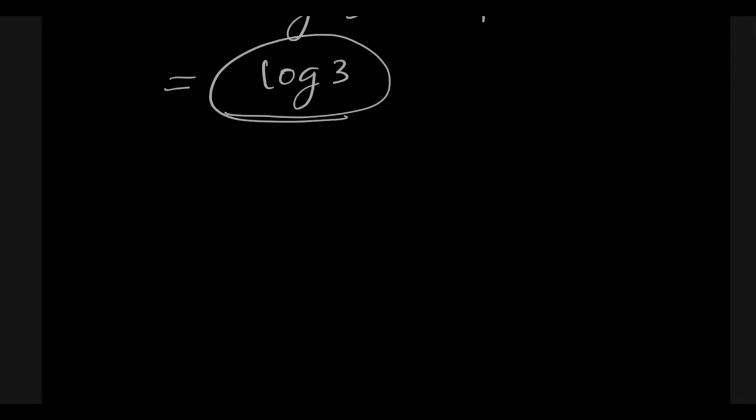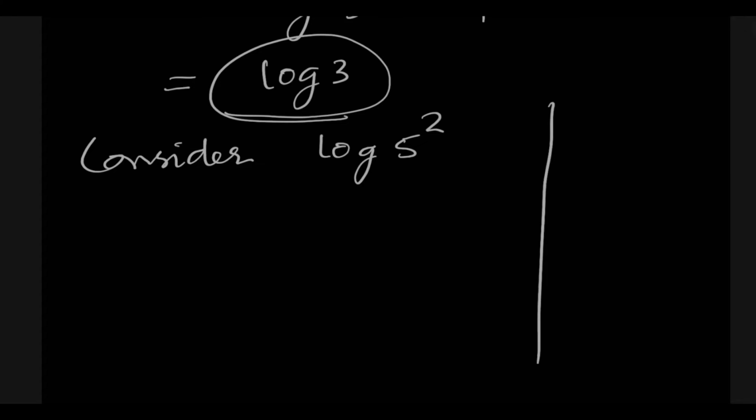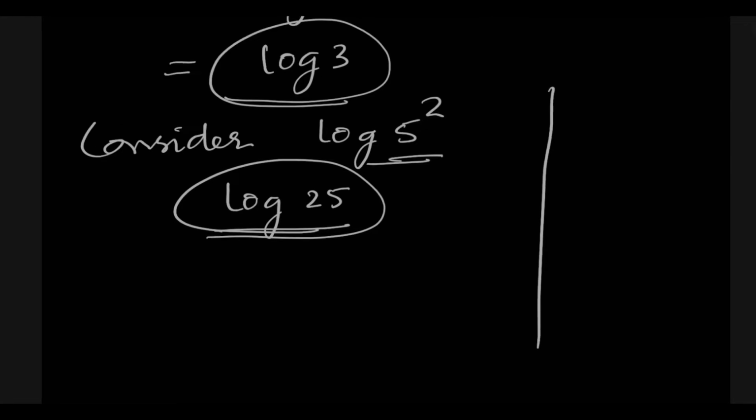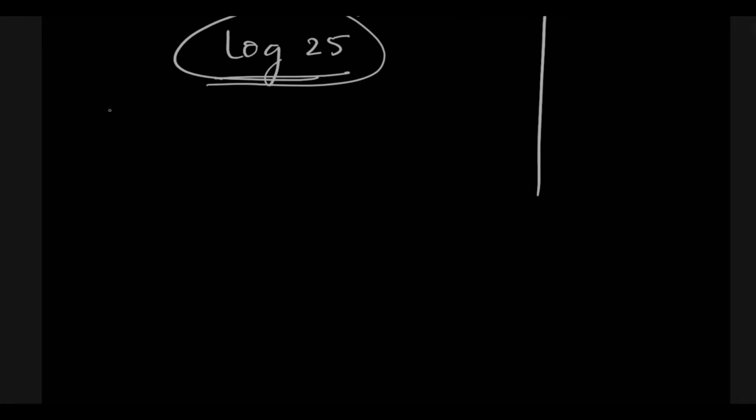Now let us consider the third term. What was the third term? It is 2 log 5, which is log 5 square. Again, 5 square can be written as 25, so let us take it as log 25. Now let us write all the three terms of the problem.